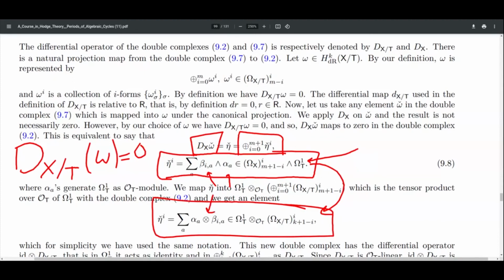And now we are claiming that this is almost the image of the Gauss-Manin connection of omega.